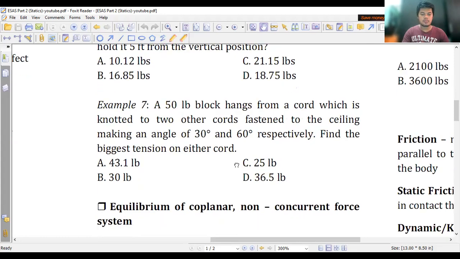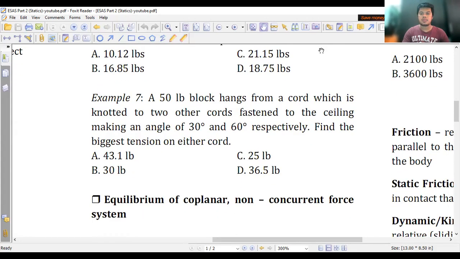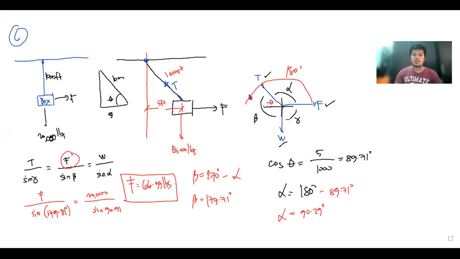Okay, so let me share again. According to the problem, we have the box fastened from two points, this one and this one.